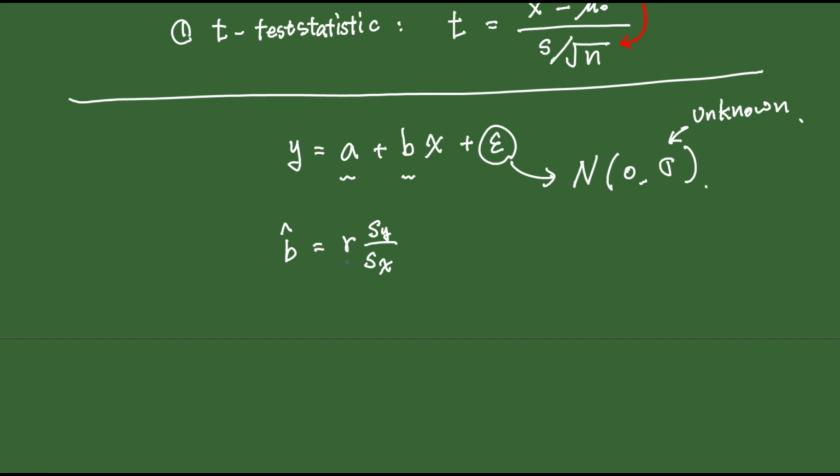R represents the correlation coefficient, SY represents the sample standard deviation for Y, and SX represents the sample standard deviation for X. If we calculate these three and use this formula, we can estimate the B hat.